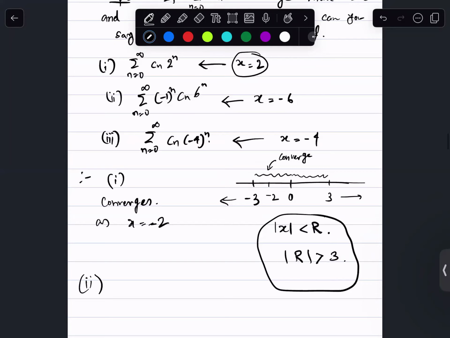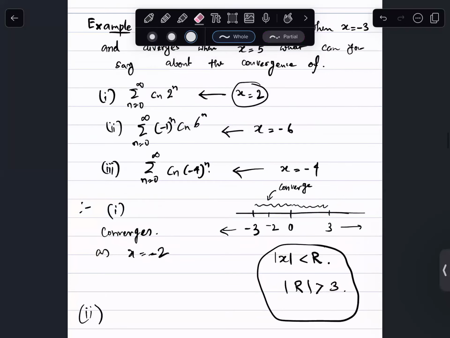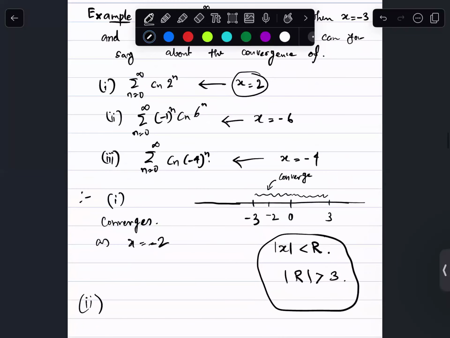So the first is done. For the second, x is -6. One more piece of information that I forgot to tell you is that the series diverges when x equals +5. Therefore, I know that the series diverges when I'm beyond 5 and before -5.